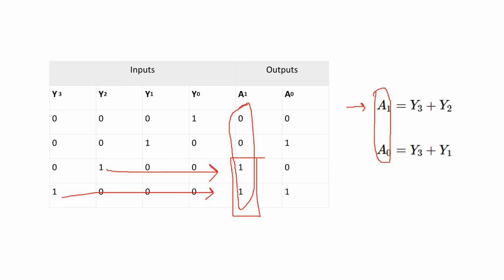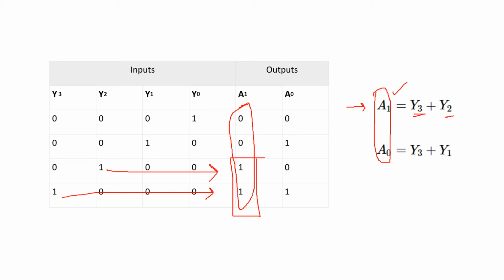So whenever y2 or y3, and OR is represented with an OR gate. Among y2 and y3, when any of the input lines is set to high, a1 is high. So a1 equals y2 plus y3.